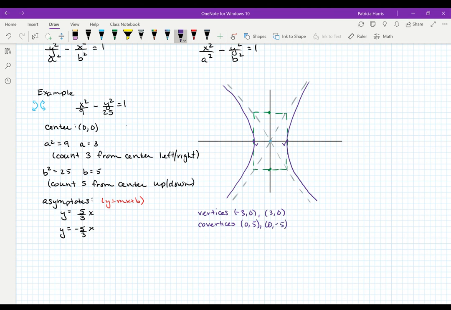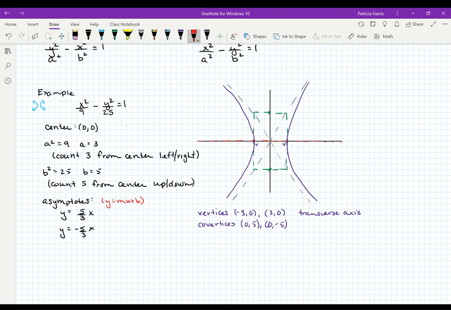The transverse axis always goes with your vertices, so it's going to be a horizontal line right here. Notice the distance, or the width of the hyperbola, between the vertices is 6, which is double a.